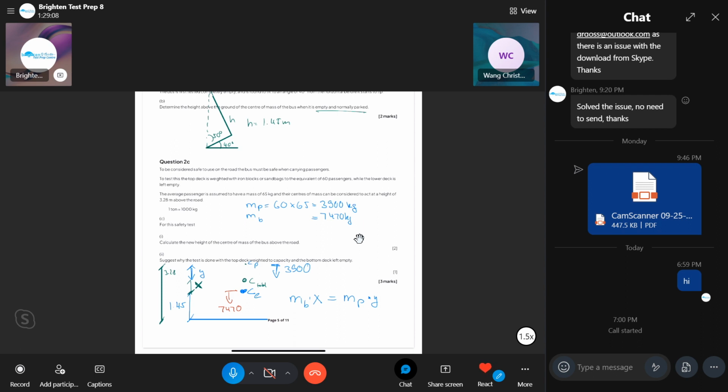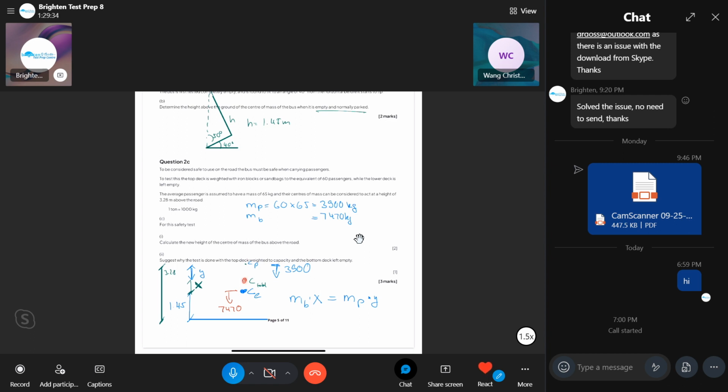As the passengers are ultimately flexible, you can say, I add more passengers. The bus will not change, right? So you increase the mass of the passengers until it topples. But at the moment it's safe. For whatever reason, they say 60 still has to be a safe number, maybe 60 seating places upstairs, and then there must be an equilibrium.